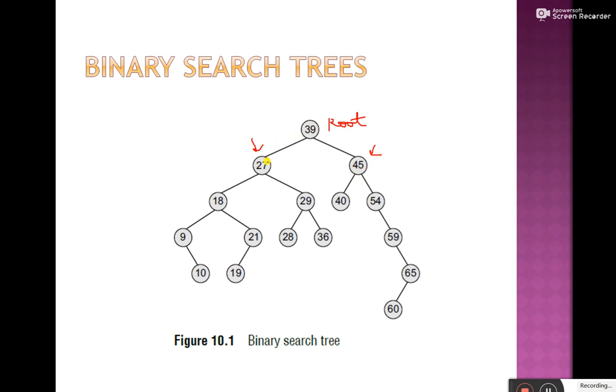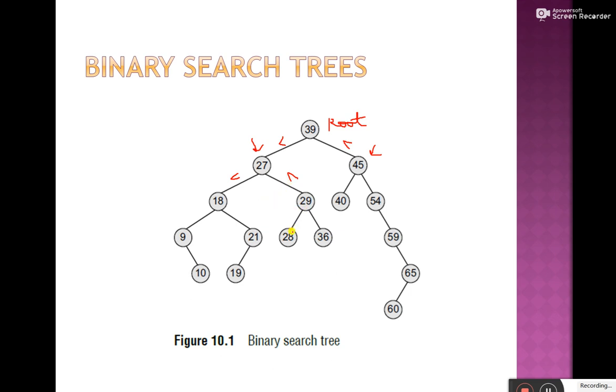If you compare this with the root of the left subtree, 27 is less than 39, and the root of the right subtree, 45, is greater than 39. Similarly here 18 is less than 27 and 29 is greater than 27.